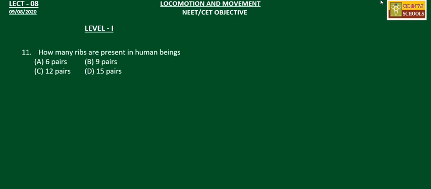So the next question: how many ribs are present in human beings? We know that there are a total of 24 ribs. On the left side there will be 12, and on the right side there will be 12, so a total of 24.